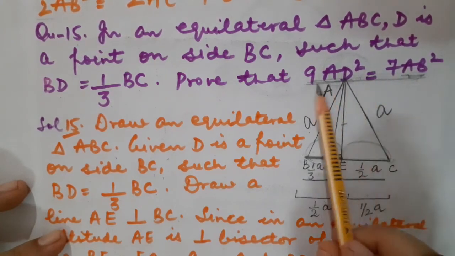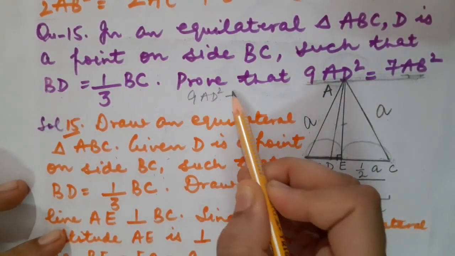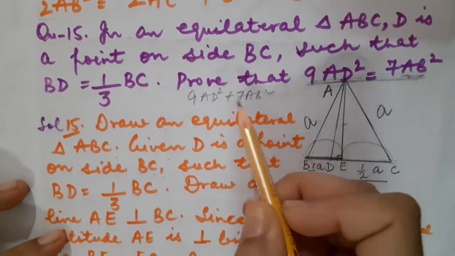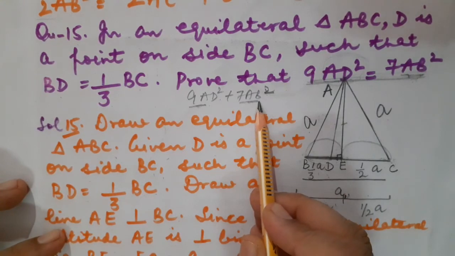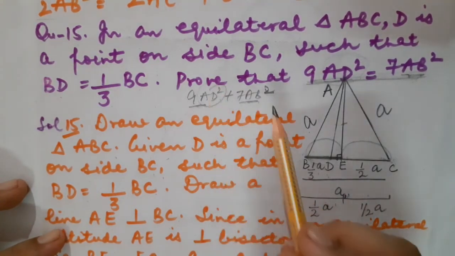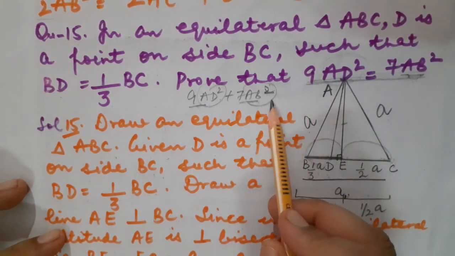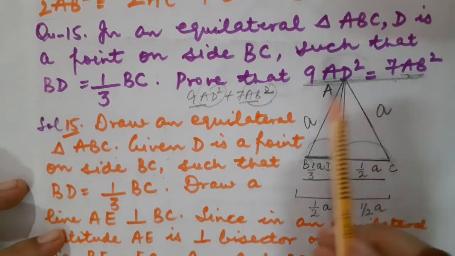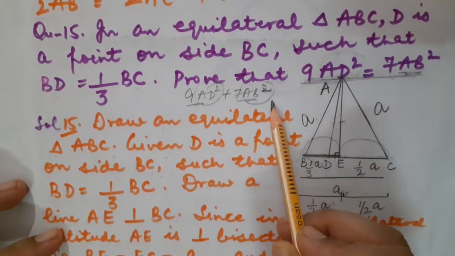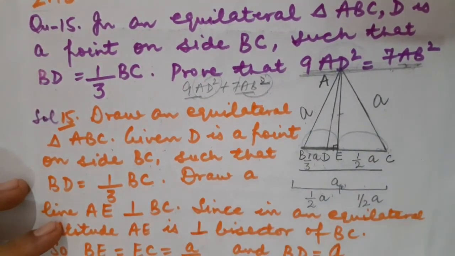For example, if in the same question I have to prove 9 AD square plus 7 AB square, then definitely I was going to add both of those equations. That was equation number 1 in which AD square was present, and another equation in which AB square was present. So only the proof will help you decide whether we have to add after applying Pythagoras theorem or we have to subtract. Got it, students?